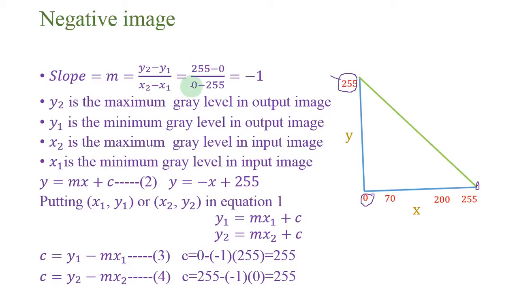So x2 is 0 in this case and x1 is 255. So x1 is mapped to y1 and x2 is mapped to y2.